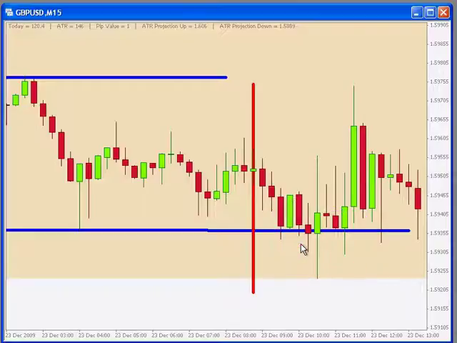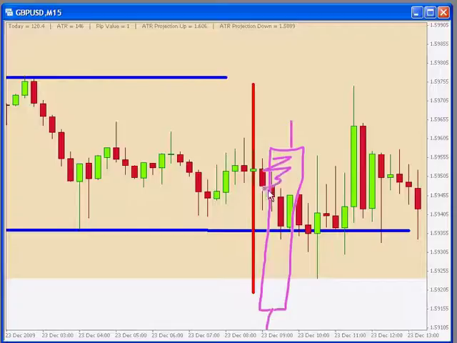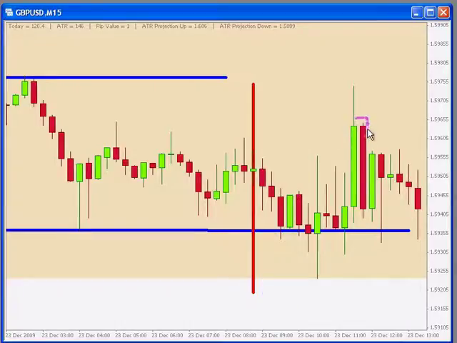Please remember that one of the conditions we wanted to see in order to validate a potential London Open breakout setup was a momentum bar. A full body bar, with hardly any wicks to the downside or to the upside. Basically, what we want to see is this type of bar, that type of bar.